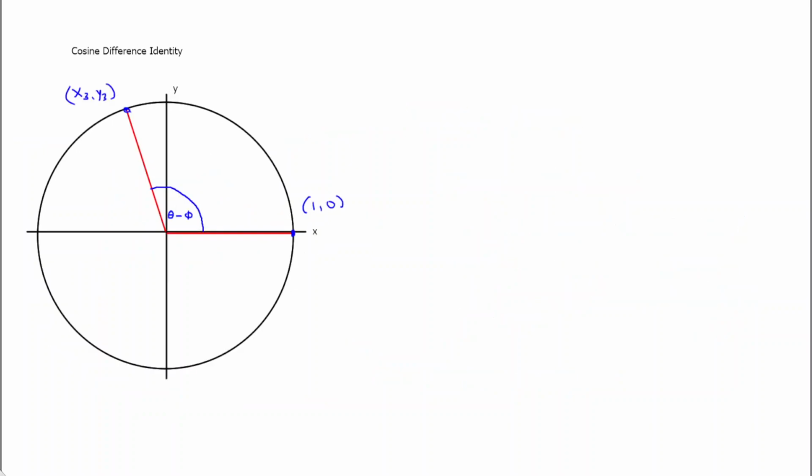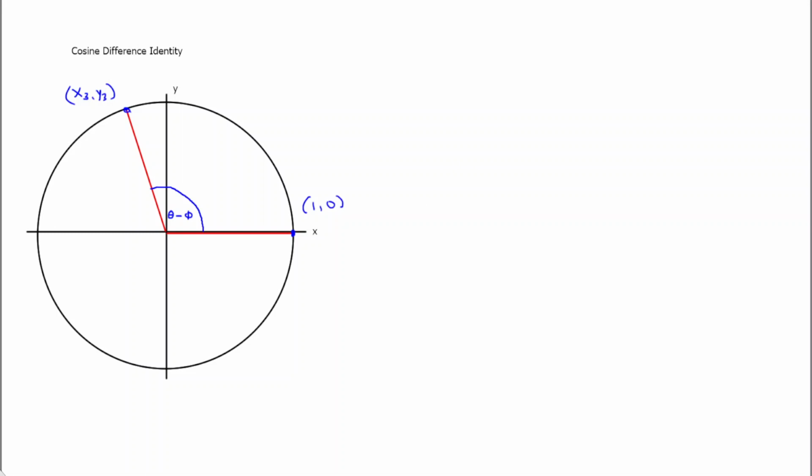Now I've created a new screen for us here. This is basically the same picture. The 2 red radii of the circle have been rotated angle phi clockwise. So the angle between the 2 red radii in the first picture and in this one are both theta minus phi.